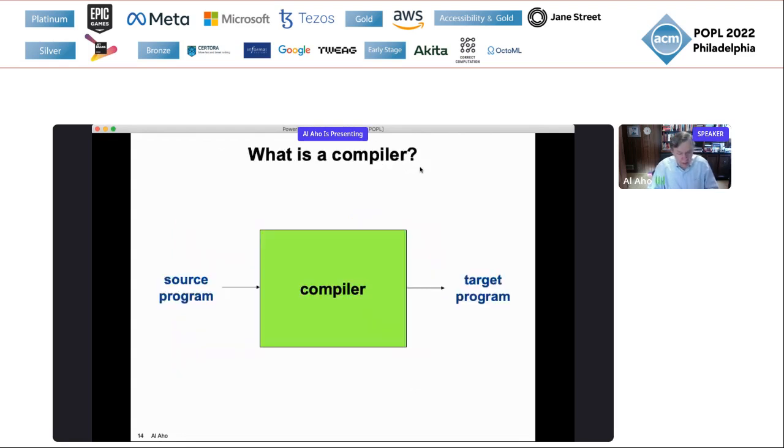For the remainder of my talk, I will use the term compiler to mean a program that translates a source program into a semantically equivalent target program.